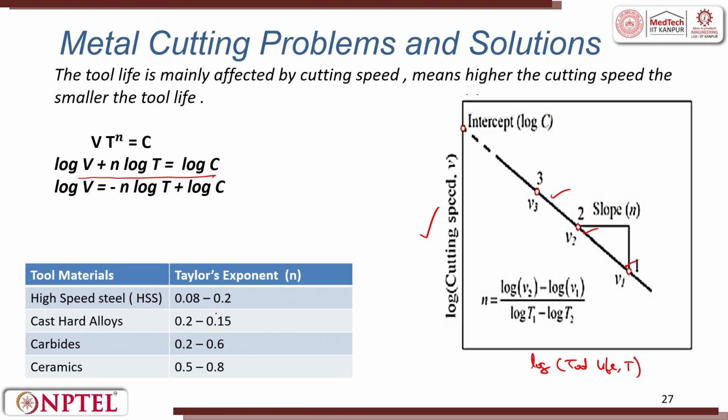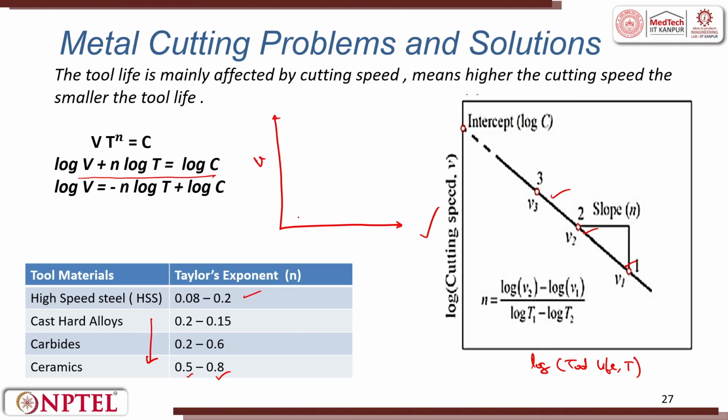And there are certain Taylor exponent numbers which are given for high speed steel because it is dependent majorly on the tool type, tool material. It varies from 0.08 to 0.2 for high speed steel, and the harder you go down, the higher is the exponent value. So it is highest for the ceramics, it is from 0.5 to 0.8. This is the value of n in general, that is cutting speed versus tool life that you have already seen.